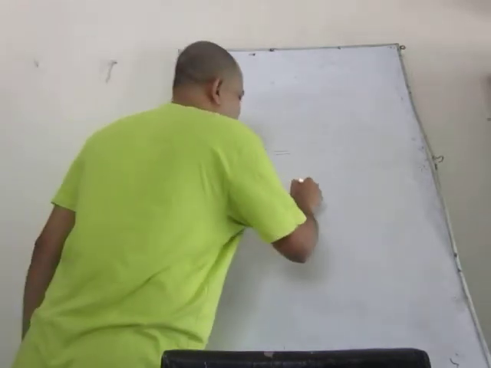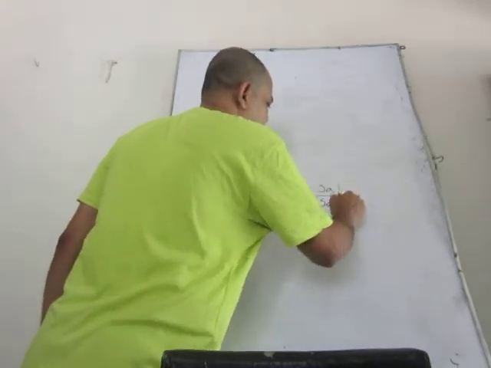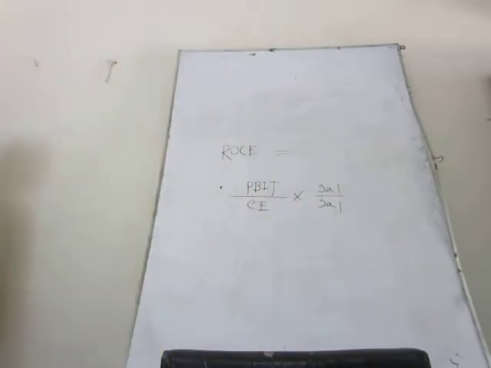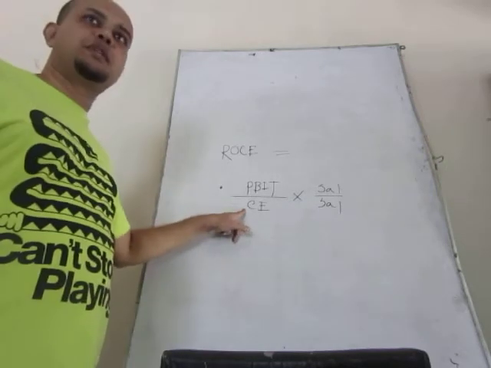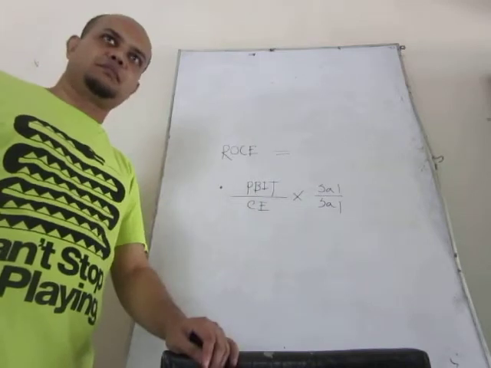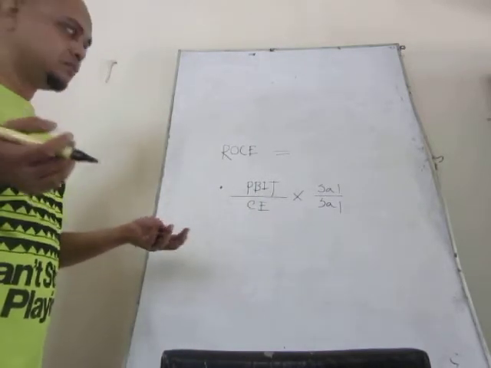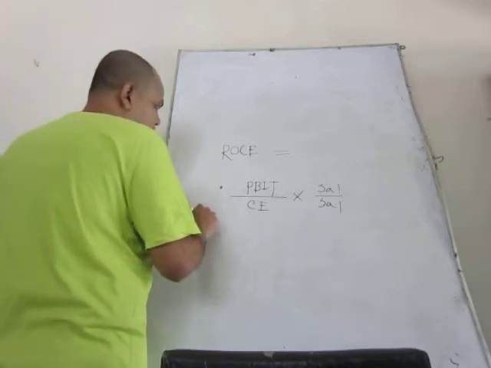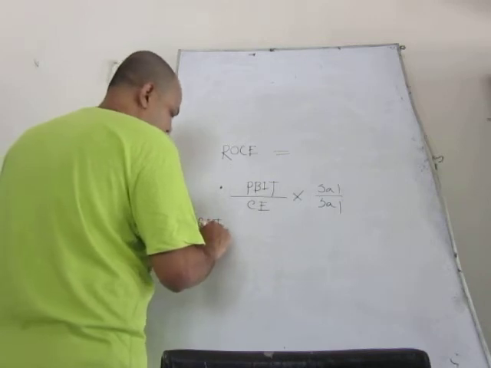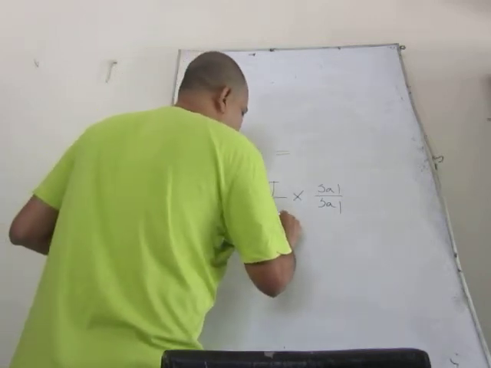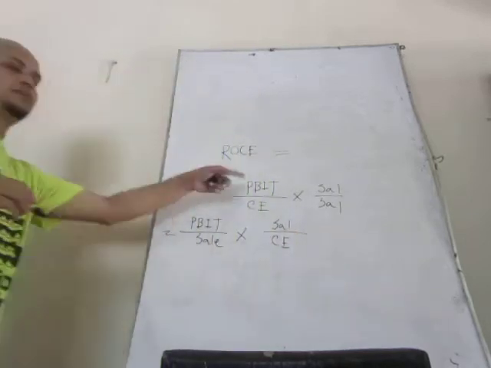If you multiply this by sales, the value will not be changed. The value will remain the same, right? Because the numerator and the denominator are both multiplied by the same amount, but it has a different meaning. Profit before interest and tax divided by sales, into sales divided by capital employed, right?